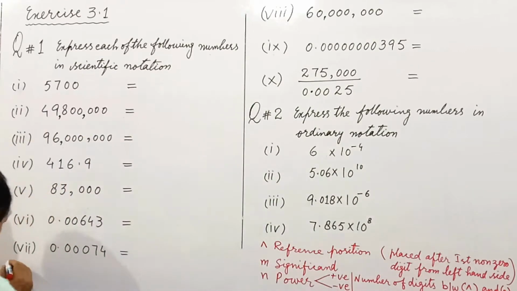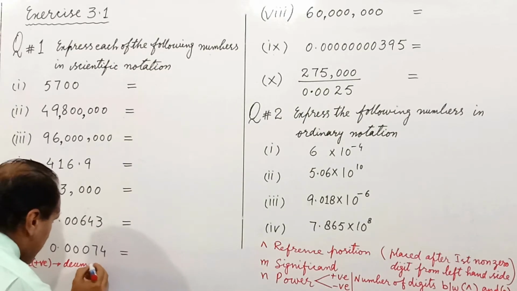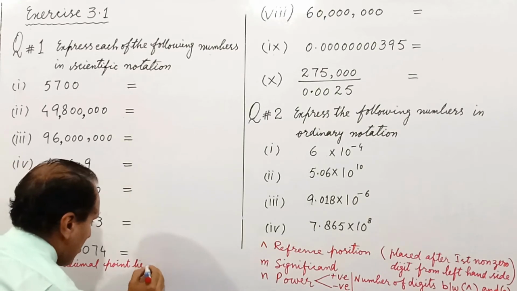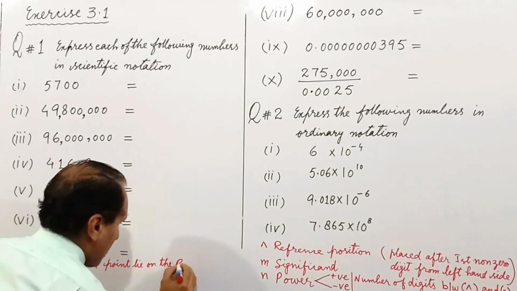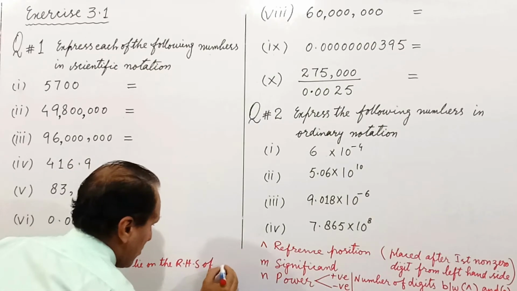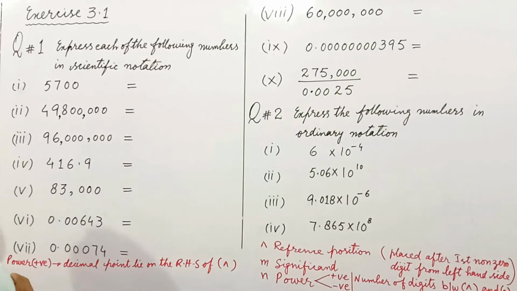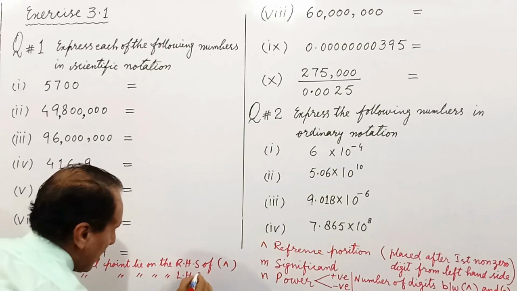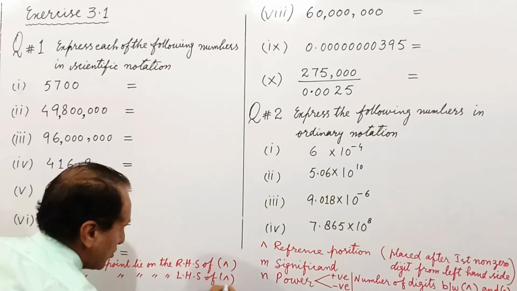The power is positive when the decimal point lies on the right hand side of the reference position, and the power is negative when the decimal point lies on the left hand side of the reference position.